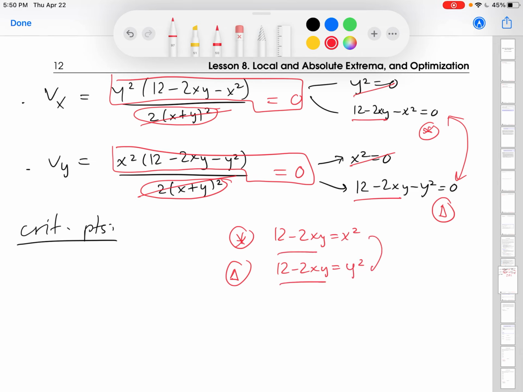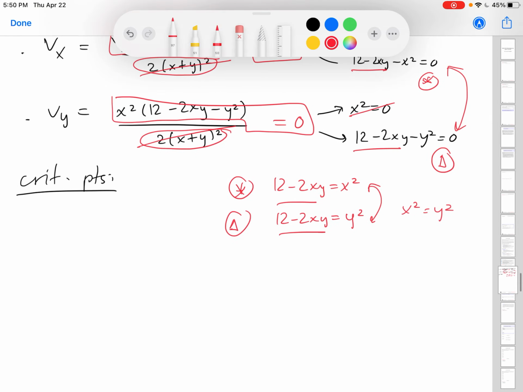Same thing, so these two are equal. So I get x squared equals y squared. Various ways you could solve this. My preferred favorite, so we don't run into any trouble with plus or minus and square roots, is to view it as a difference of squares. And I get x equals y and x equals negative y.